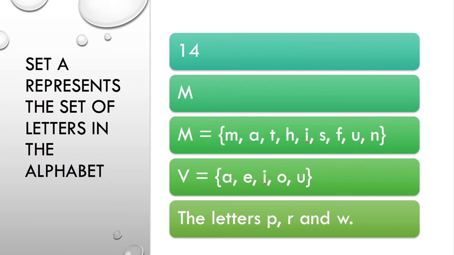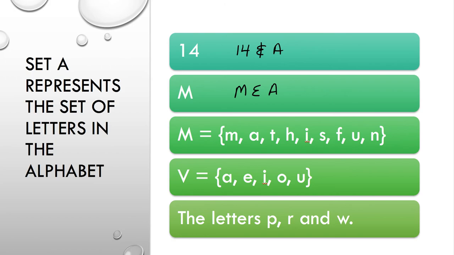No. 14 is a number. It's not going to be a part of a set that contains only letters. So we're going to say that 14 is not an element of set A. But what about M? Would M be an element of the alphabet? Yes, we know that M is a part of the alphabet, so we can say that M is an element of A.